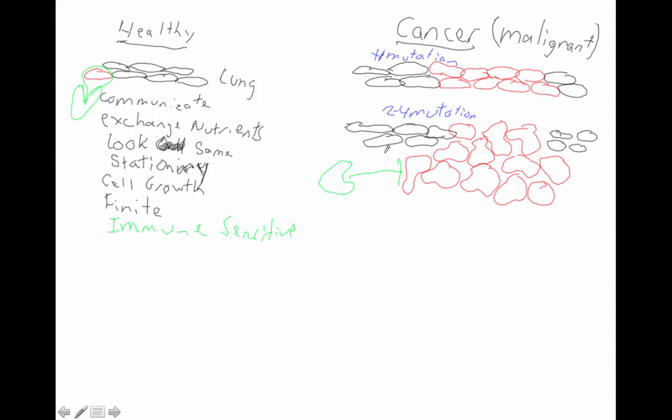So let's go over a few things that we've said so far that are associated with these cancer cells. I'll list them here. There's no growth control. The cell cycle has been changed. They're growing out of control. They look different than the healthy cells, and they no longer function like the healthy cells.